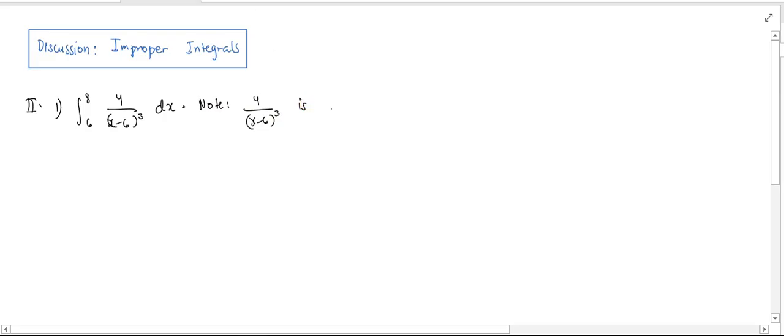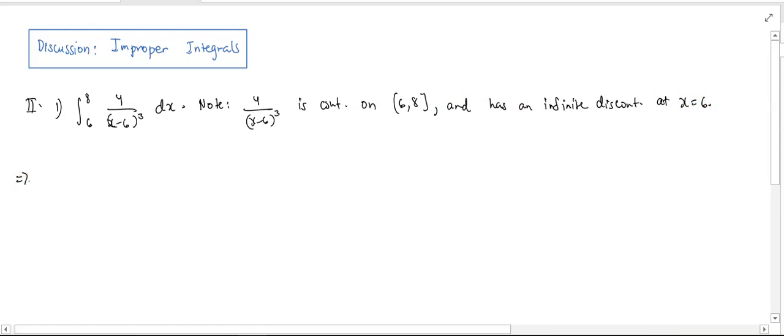In particular, this is continuous on the interval (6, 8]. We include 8 and we exclude 6. And we may also note this has an infinite essential discontinuity at x equals 6.